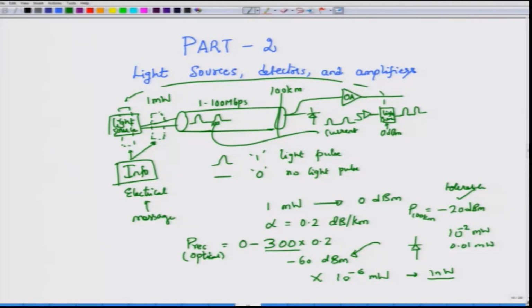So, you could offset the losses in the fiber by directly amplifying in the optical domain, not converting into the electrical domain. Okay.